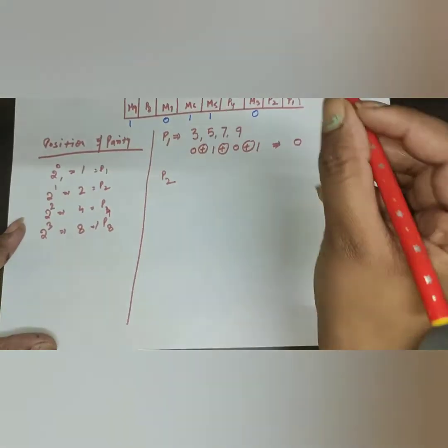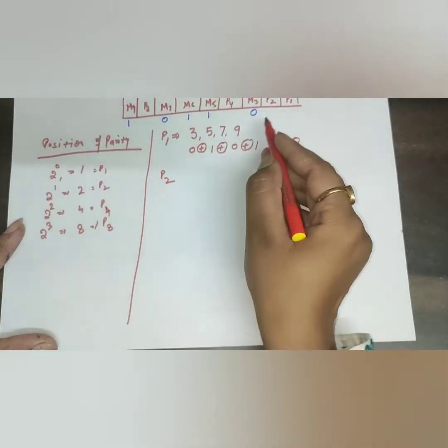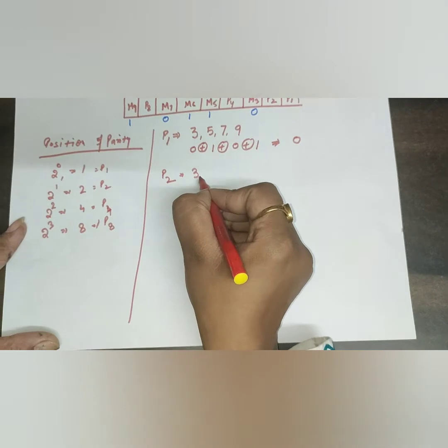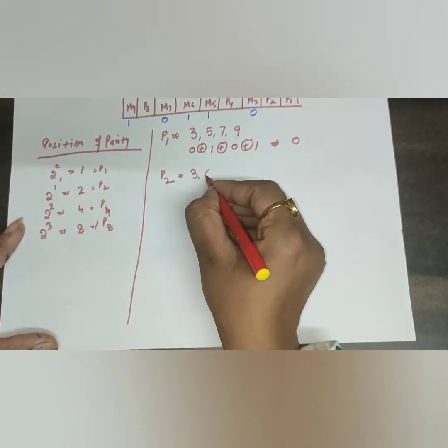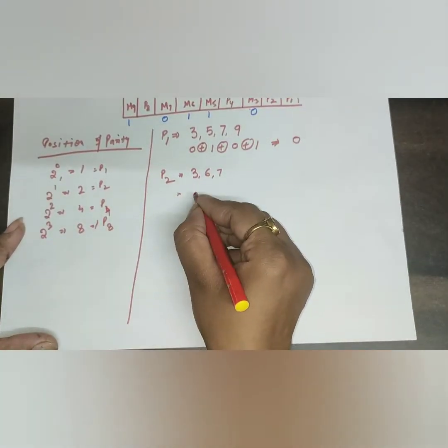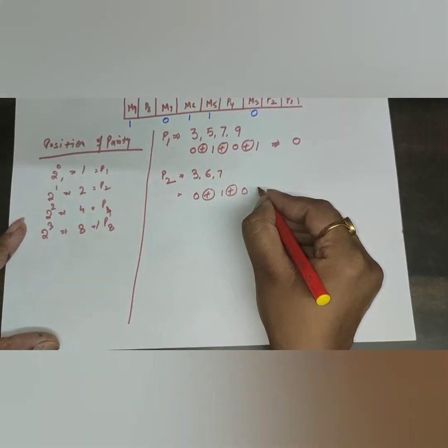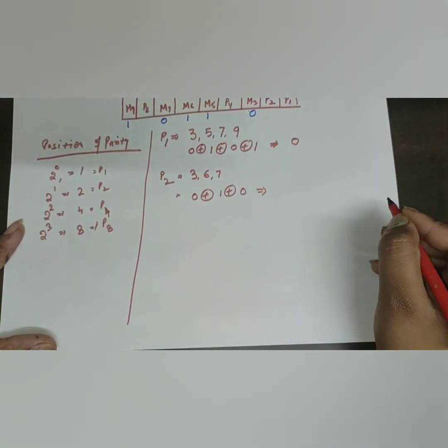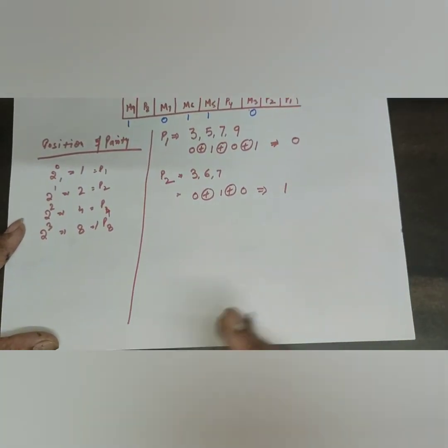Now P2: check 2, skip 2. So there will be 3, then 6, 7, then skip 8, 9. So here 3 will be 0, XOR 6 will be 1, XOR 7 will be 0. So 0, 1, 0. XOR will be 1 here.